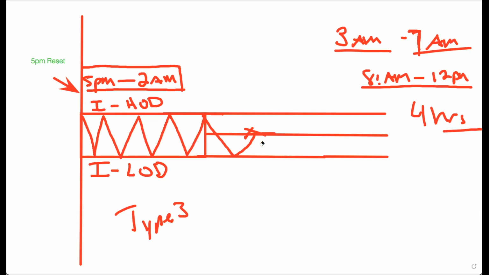There'll be other times where you'll end up getting the M or W. So it would look like this. It would look like that for a sell. For a buy, it's the same thing.